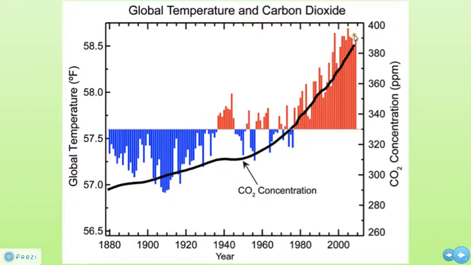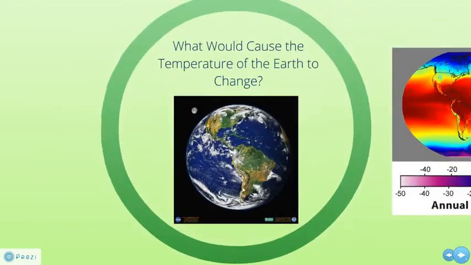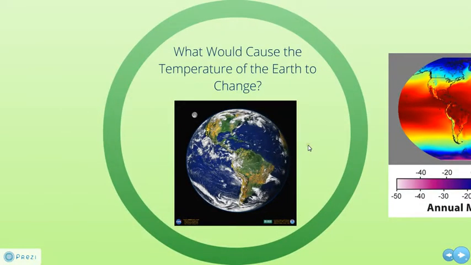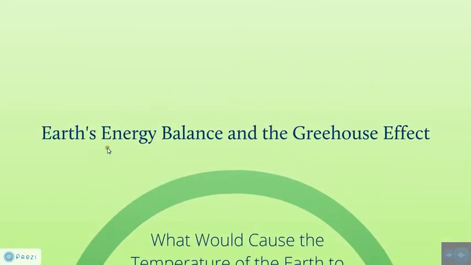But in the long run, the more greenhouse gases you have in the atmosphere, the smaller the energy out term gets, and so the higher the temperature should get in the long run. And that is why the Earth's temperature should change, and it really has to do with the energy balance and the Earth's greenhouse effect.